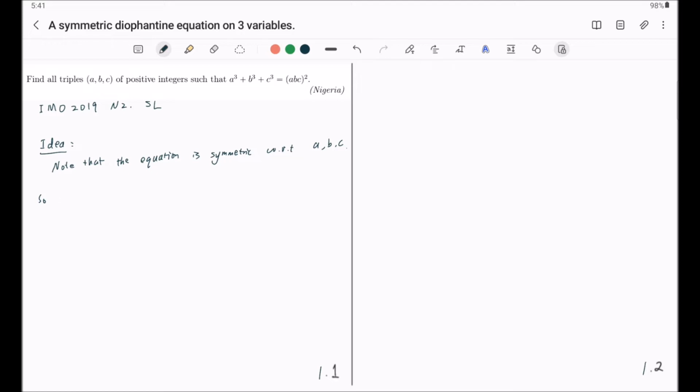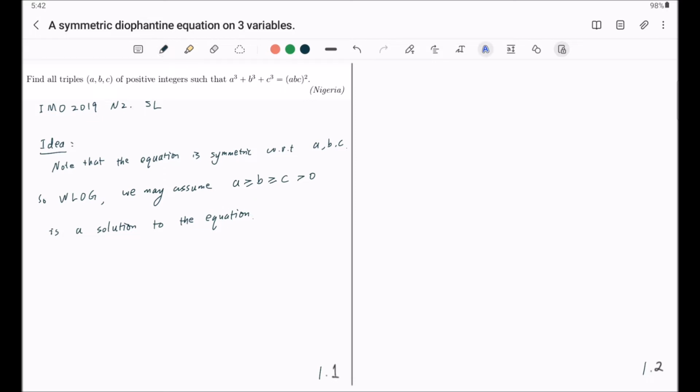So without loss of generality, we may assume A is bigger or equal to B and B is bigger or equal to C, and they are all positive.